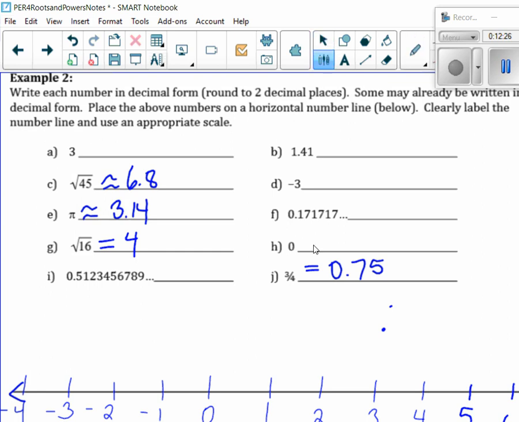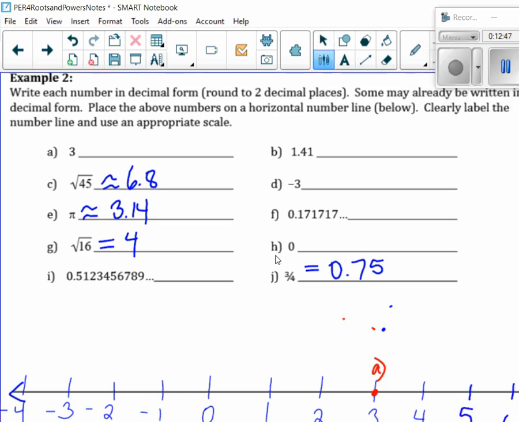So 3 is pretty easy. So that would be right here. I'll put A there. Okay, so I'll give you a moment to place them on the number line, okay? You can do it with the letter there. Okay, so B is 1.41.